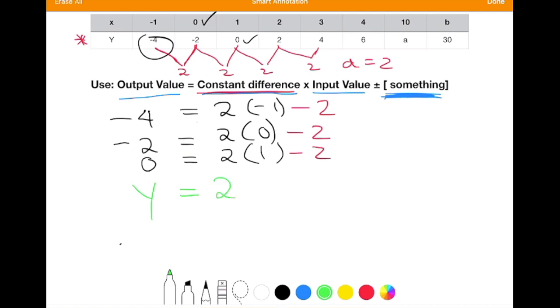In this case, the constant difference is 2, multiplied by the input value. So the input value of y is x, so we are multiplying this thing by x. But just like the others there, we need to then subtract a 2 from there. If you simplify that rule, we get y is equal to 2x minus 2. All right, that will be the required rule.